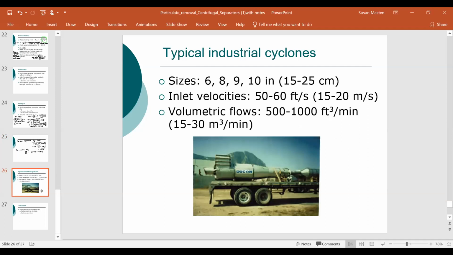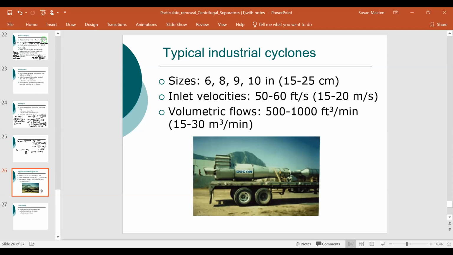And then just to finish off with centrifugal separators, just to give you an idea in terms of sizes, this gives you a size range of some of these units. You can actually see one on the truck, so it gives you some sense of how large these units are.